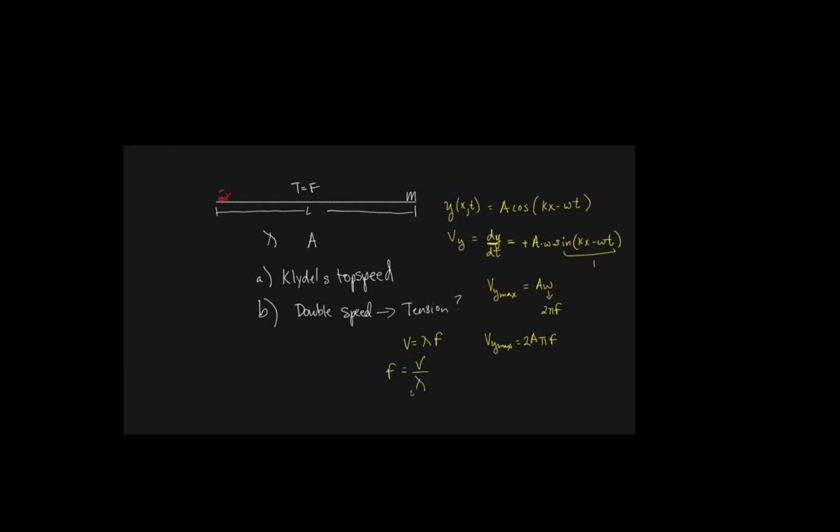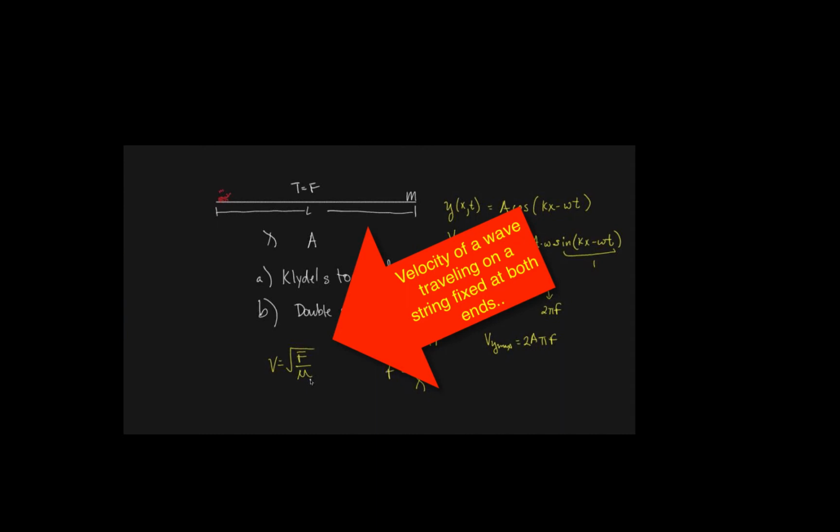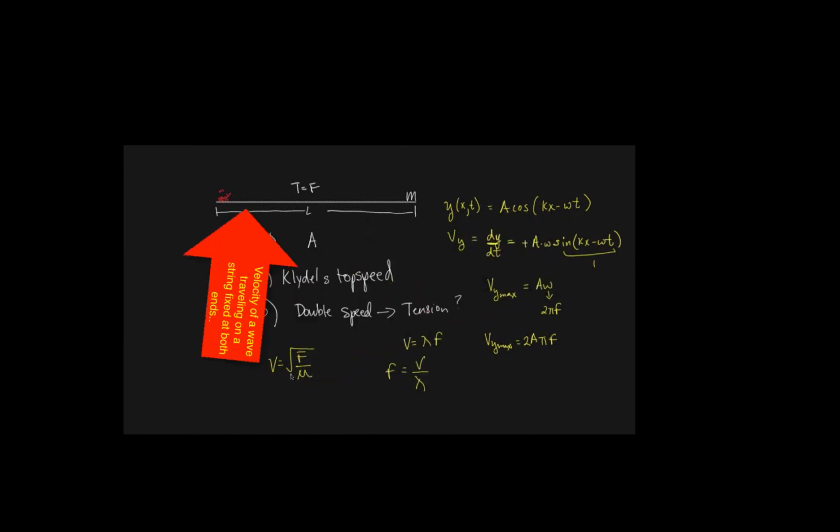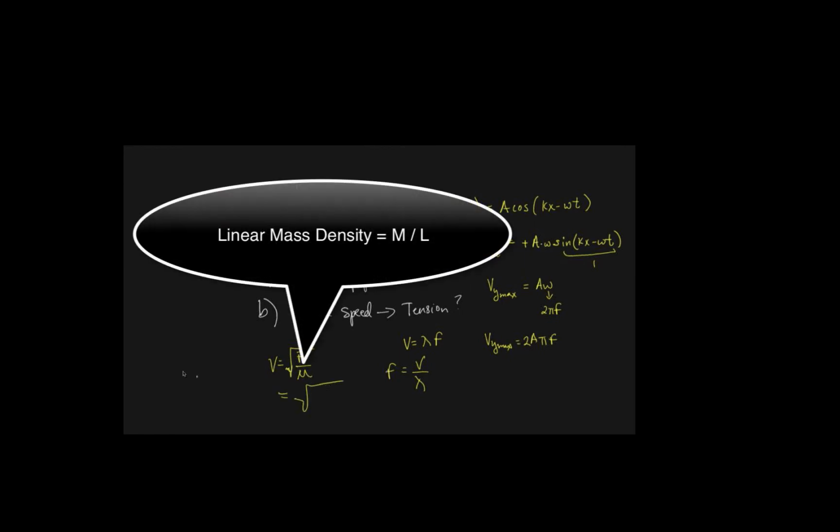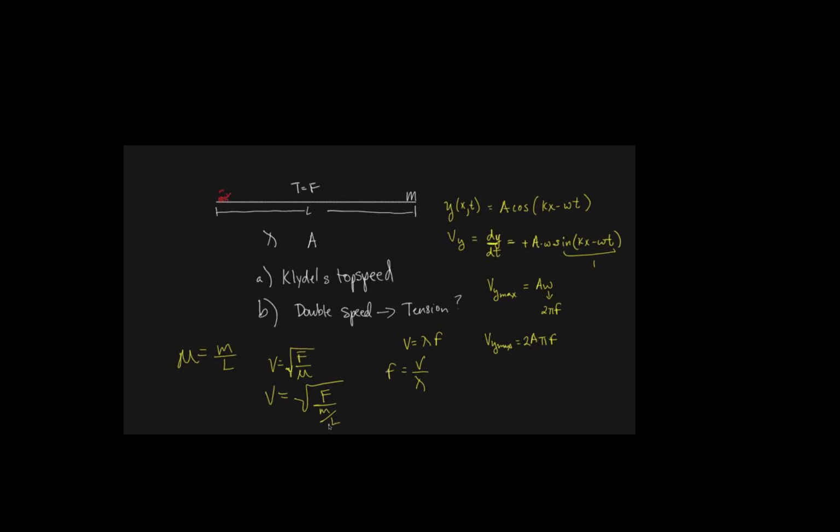There's also V equals the square root of force over mu. What is mu equal to? Linear mass density mu is going to be equal to the mass over the length. Still with me? Okay.